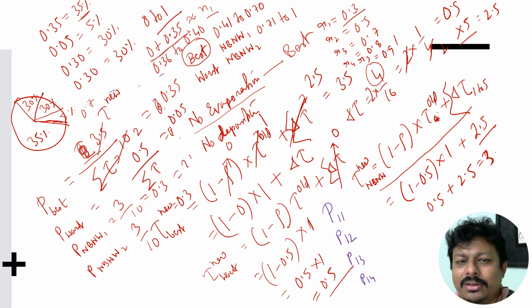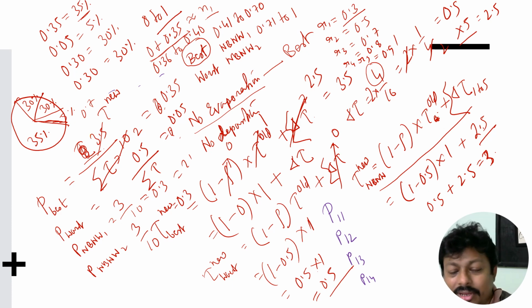N1 becomes that 0 to 0.35 if N1 is the best path, correct? So the best path can be detected from the previous iteration. If N1 is the best path, how will we detect it? From the probability after the completion of the iteration. So let's see. If 0.3 is the random value generated, this will become N1.